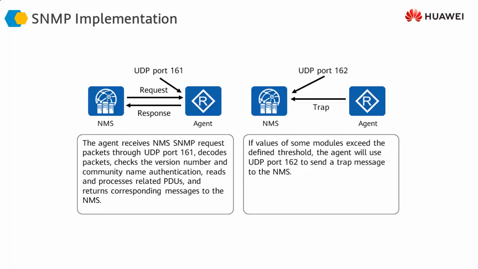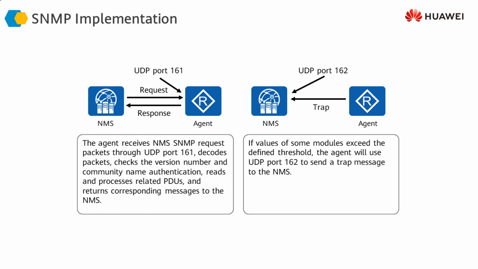When we implement SNMP, you can see that on one side we have the SNMP NMS, on the other side we have the SNMP agent, and they are exchanging information. The SNMP server is requesting the information at port 161, the well-known SNMP port, and the agent is responding with the information.